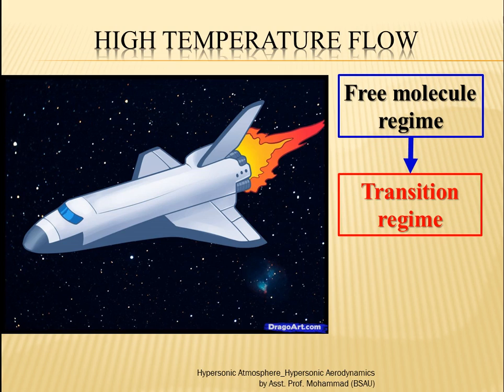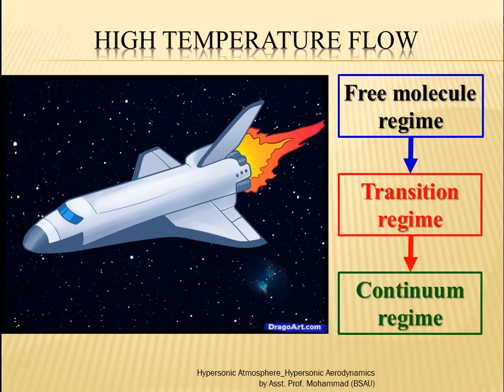In the transition regime, where the slip condition becomes important, we can still use the continuum equations, but the slip condition has to be accounted for. Then as we come further down, we get the continuum regime, in which the continuum flow becomes more important, and the equations we have derived remain valid.